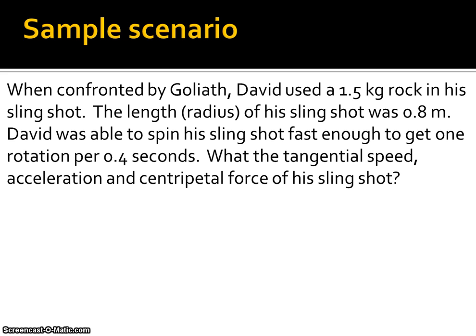So the first thing we're asked to find out is what would be the speed of that rock when it comes out of that slingshot? To find the speed, we have to find the velocity. Velocity is to take the distance, which is 2 pi r, and divide it by the time.